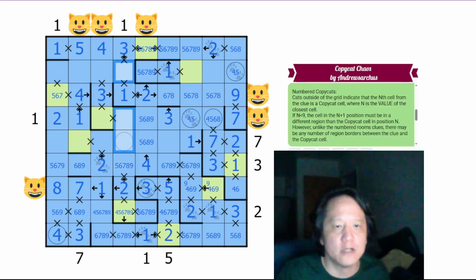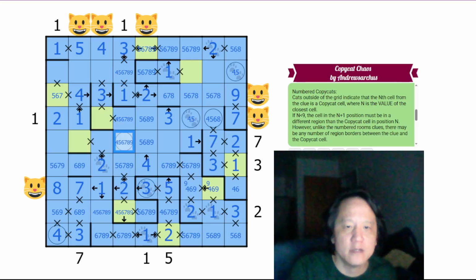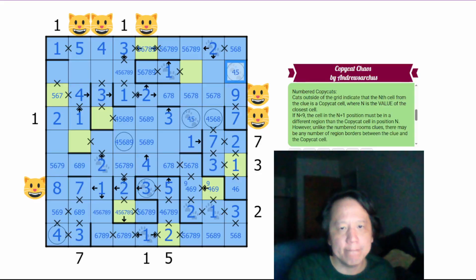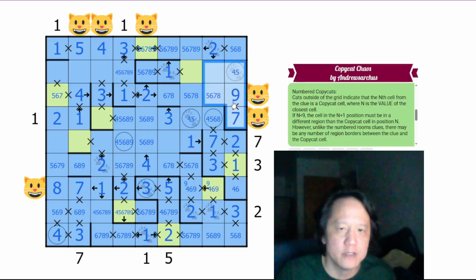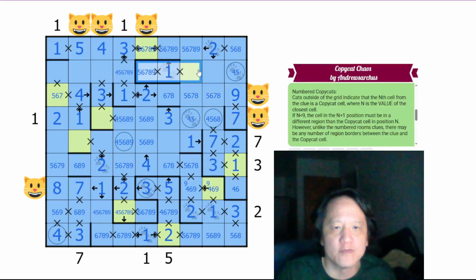Remaining digits in column 4, we have 4 through 9. No 7 here, no 7 here because of 7s in the row. We have a guaranteed 9 here, so this cannot have 9. Again, can this be not part of this region here? If this is not part of that region, it's part of this region, it has to exit out somewhere, and then this will block this from ever being a full region.